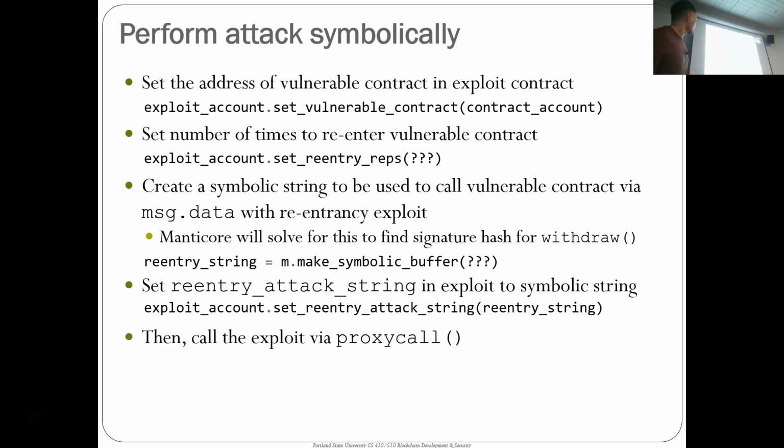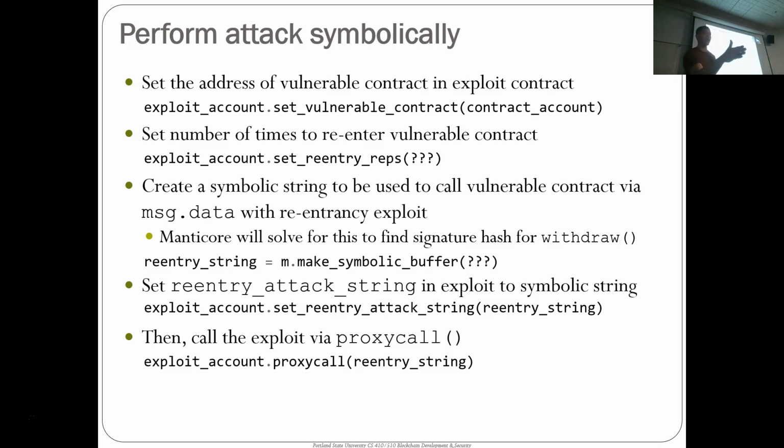And then the last thing that Manticore will need to do is call this proxy call in order to kick off the whole exploit. Now, if you look at this, this is a generic pattern, and the only thing that you don't know is what this reentry string should be, and that's what you're sending into Manticore to say, what should that be, and automatically generate.